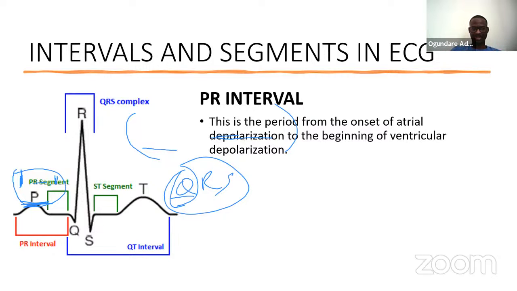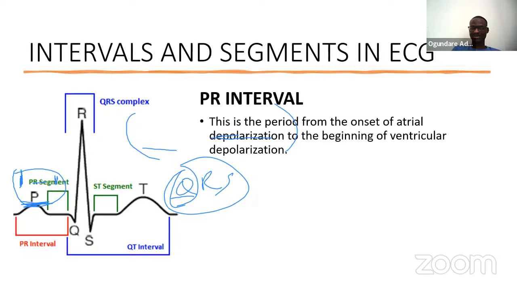I appreciate that this illustration is on a plain background, but on the ECG it's going to be on a calibrated paper, so it's easier for us to measure this interval. There is a range for the interval: 0.12 to 0.2 seconds. I don't want to bother you much with that yet.